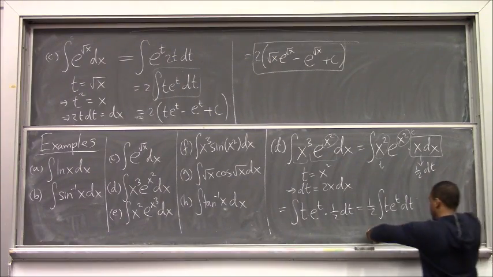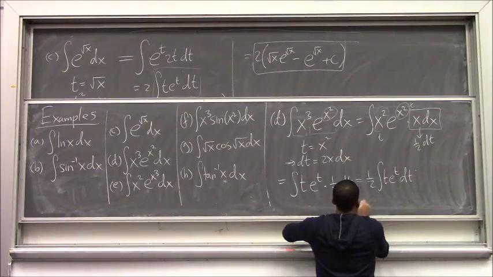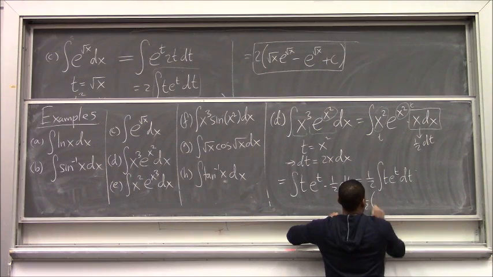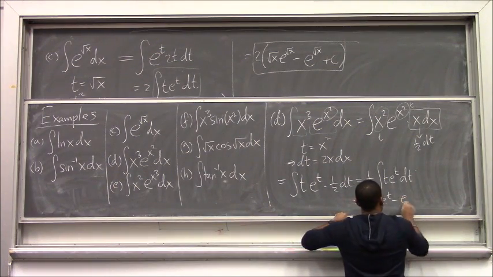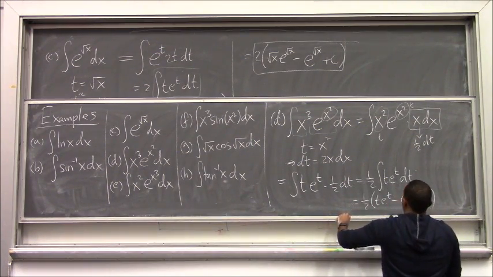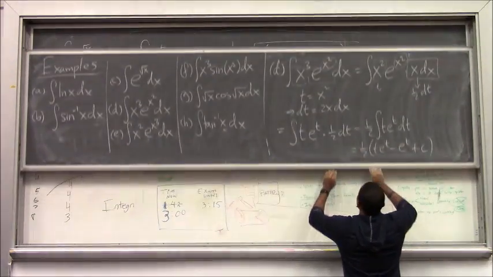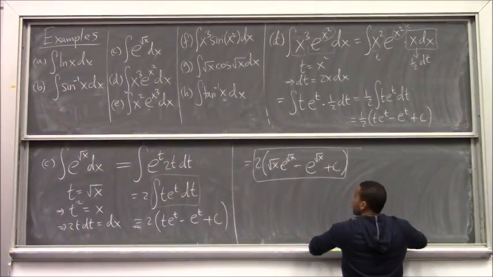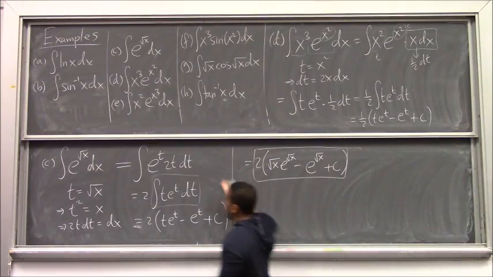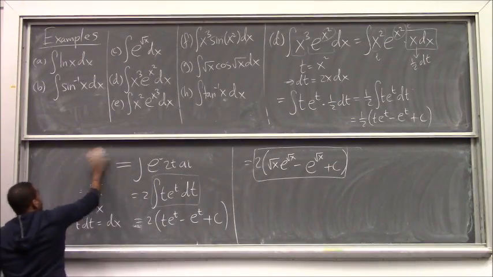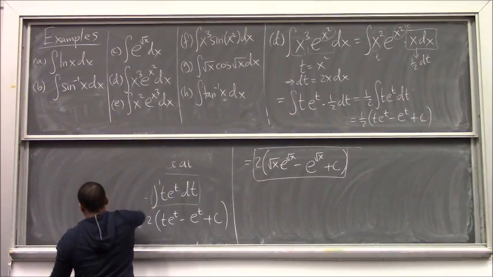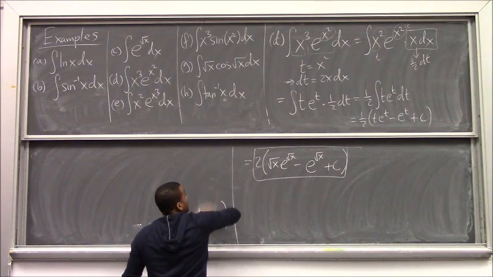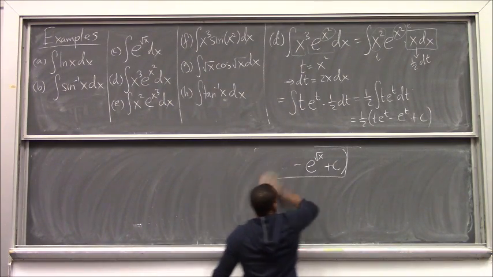There's that guy again. At this point, we might have inadvertently memorized this. This is t e to the t minus e to the t plus c. But this time your t is not radical x, like in the last example. Your t is actually x squared.